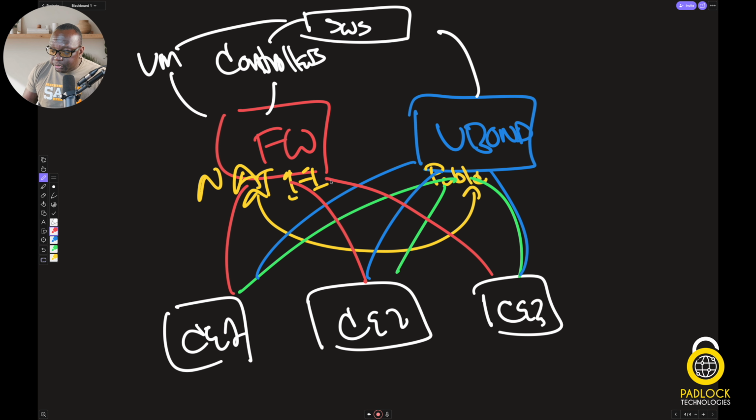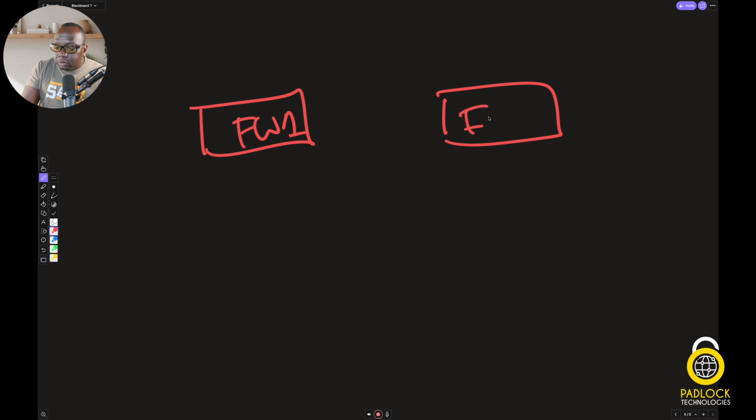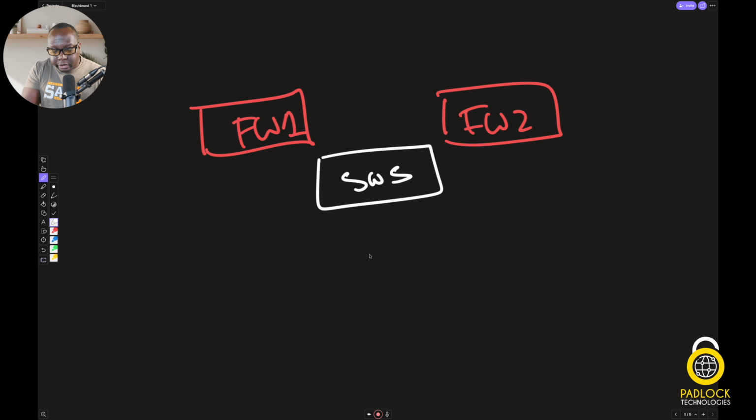Now, design number 2 is you end up having 2 firewalls. If you're concerned about giving raw access to your orchestrator, because that's really the key to onboarding all your stuff to the fabric, you would have 2 firewalls and then a switch in the middle, with the internet in between all this.